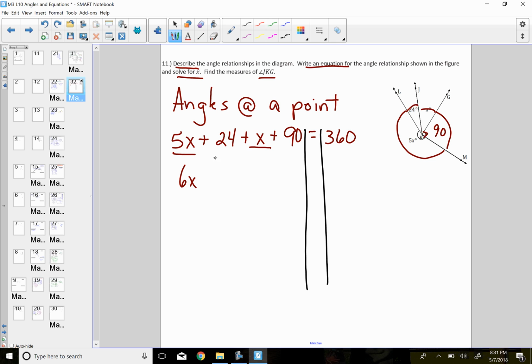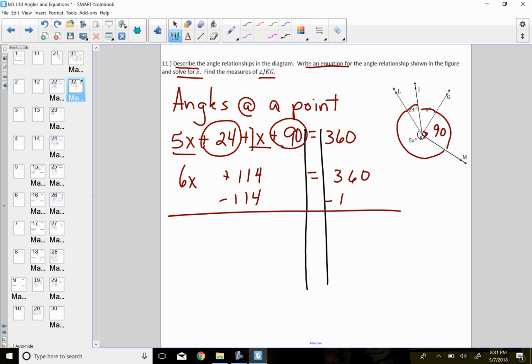That makes 6x because there's really a 1 hiding there. And then 24 and 90 added together would be 114. Now that I've combined like terms, x's with x's, numbers with numbers, I can take away 114 on both sides. 360 minus 114, that's 246. So I'm going to divide that by 6 on both sides. And when I divide, x is 41 degrees.